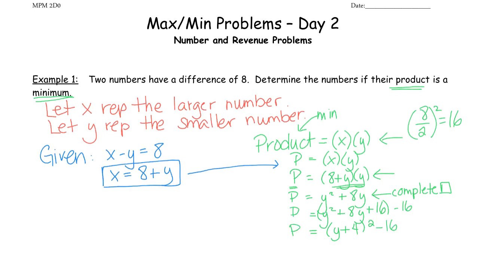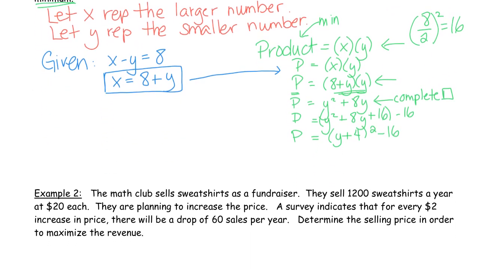Okay. So now I want you to think about this as a relationship between this product and this number y. So what does this tell me? At the end, this tells me that when y is equal to -4, my product is at a minimum, and that product is -16, right?